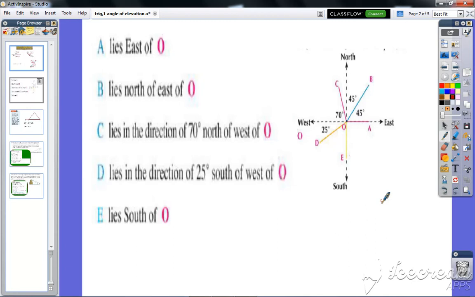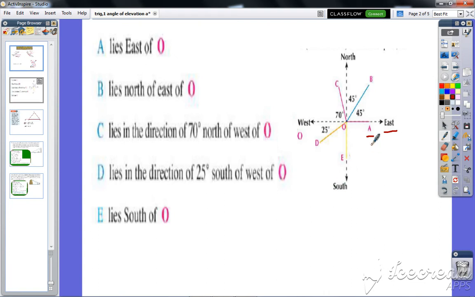Here I have very important notes again, the position of each point, okay? Here the point A, the first point, lies on the ray OA, so this is the east and this is the north, west and south.